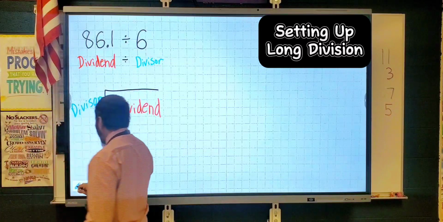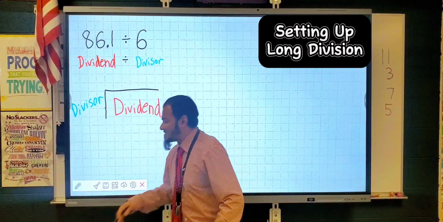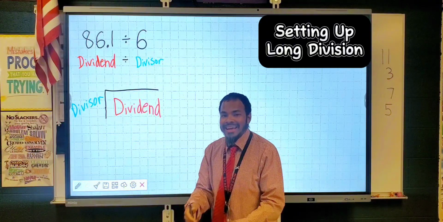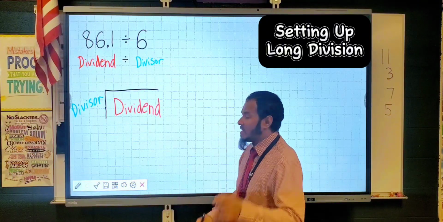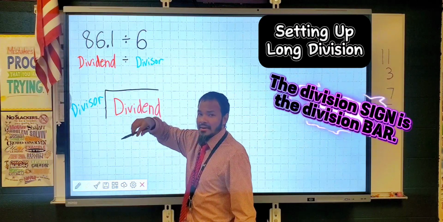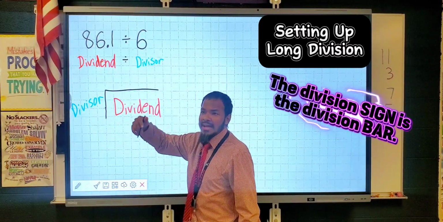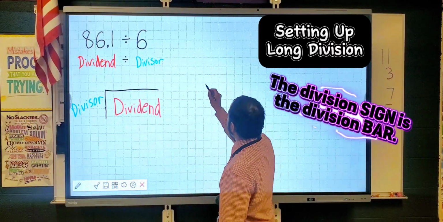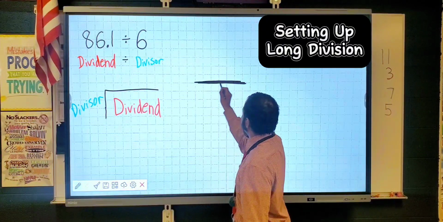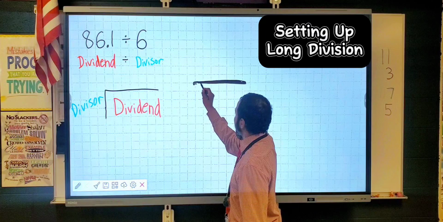If you follow the structure, you can actually set this up as a fraction, because every division problem is in fact a fraction. Watch this. You see this right here? That's a division sign, but I can also rewrite that as a division bar. That right there is a division bar, not a division sign.